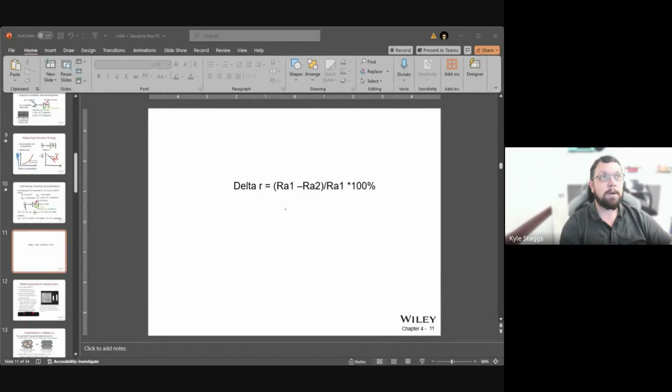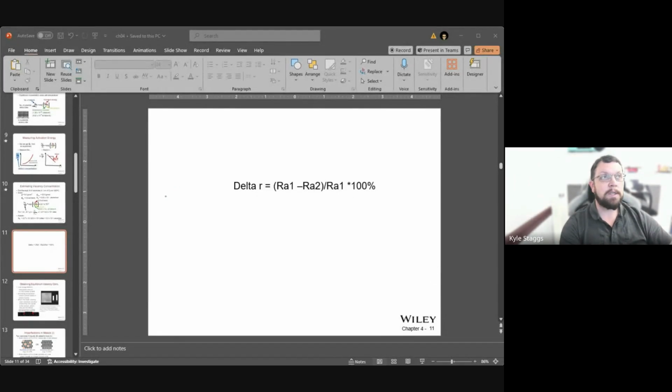So this is the actual formula. If you need to physically see a formula, assuming it can actually correctly share, there we go.